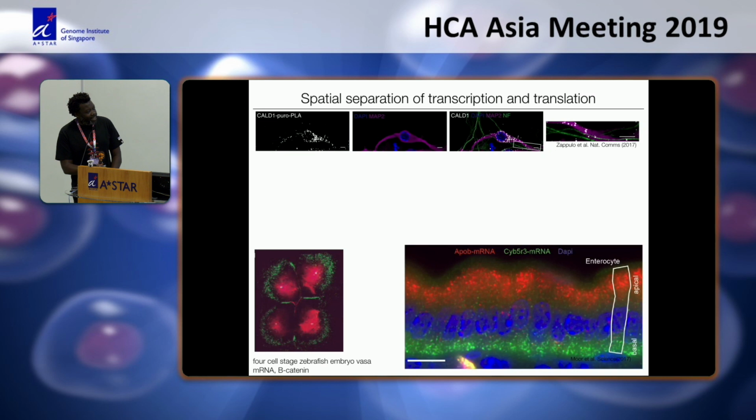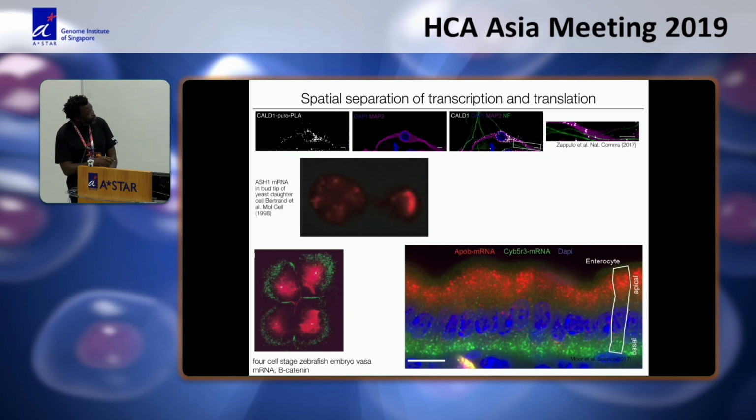To make that less complicated, depending on when this mouse eats, this ApoB mRNA changes its position from the apical to the basal position. So counting the number of RNAs alone doesn't actually tell you what's occurring in this enterocyte, in this cell state, because it's just flipping from one position to another.